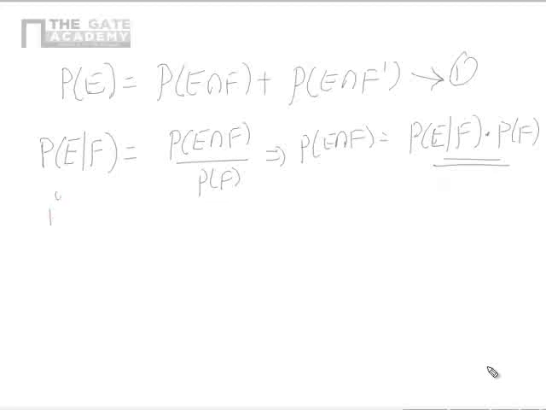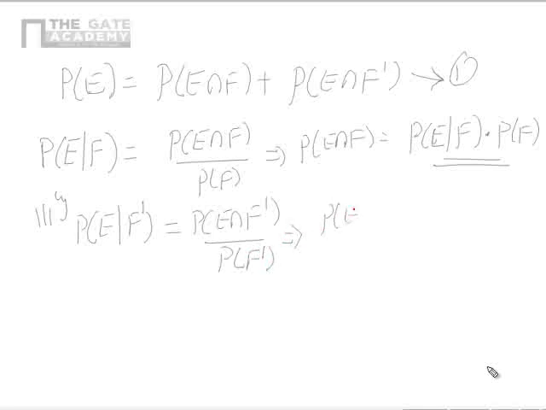Similarly, probability that E will occur given E intersection F complement has occurred is nothing but probability of E intersection F complement divided by probability of F complement. This implies probability of E intersection F complement is nothing but probability of E when F complement has occurred times probability of F complement.